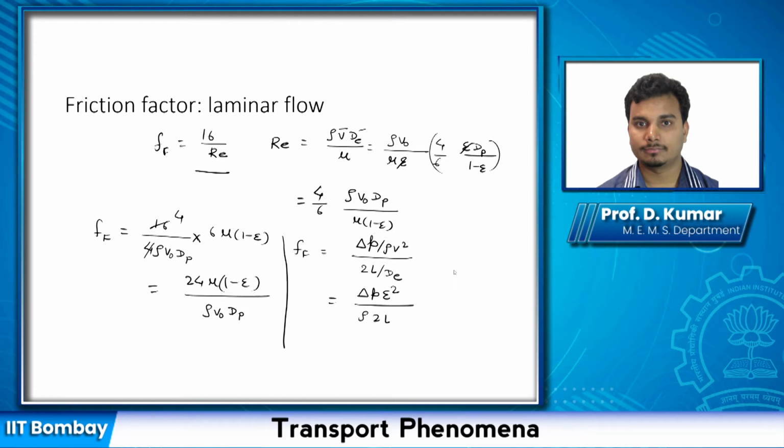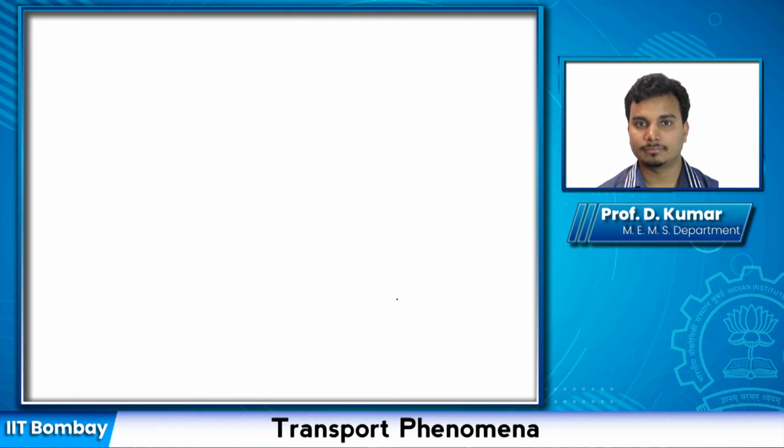Now we can replace this d_e, which is again what we did here. d_e will be 4 by 6 epsilon d_p by 1 minus epsilon. Now you can see if something cancels out. Essentially, you want to equate this side and this side ultimately.